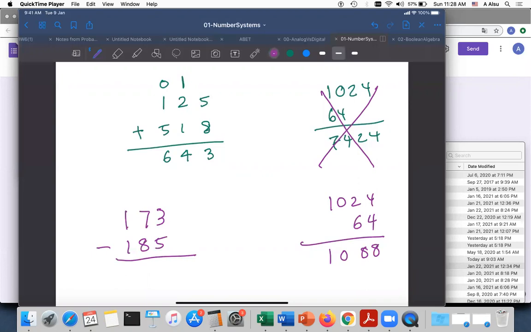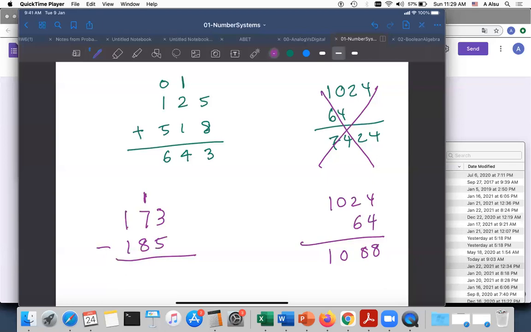Now in order to subtract, 3 minus 5 doesn't work, right? So you have to borrow 1 from the next position. 1 from the next position means it's 10 with respect to the current position. So if I borrow 1 from here, I'll just record it here. I borrowed 1 from this column.